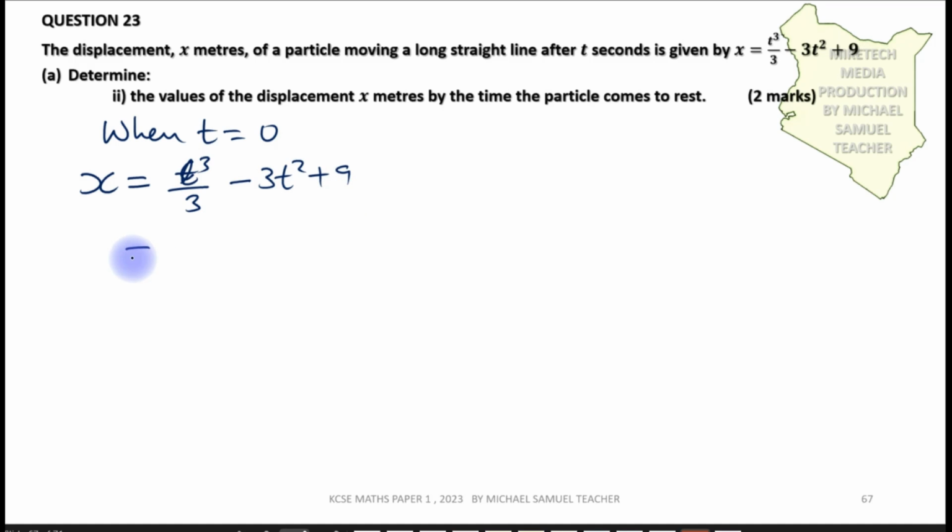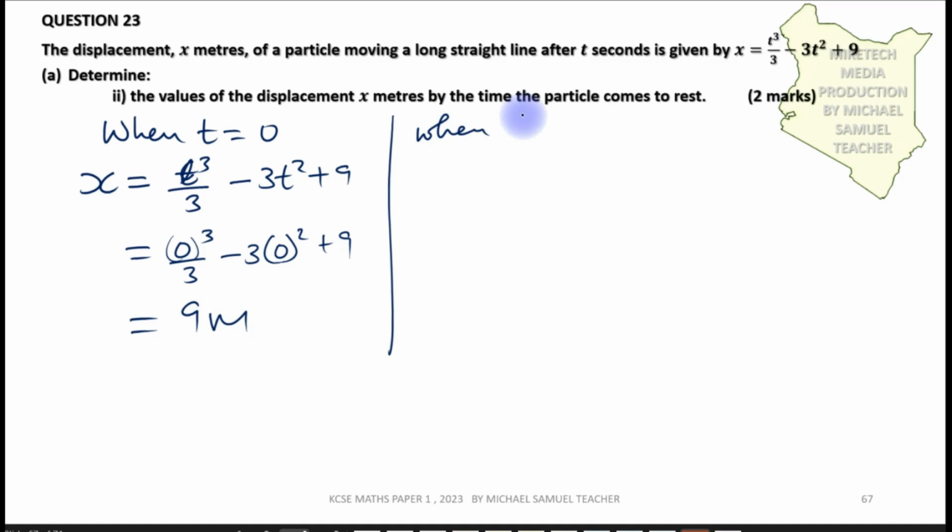So when t is equal to 0, because that is when the particle is at rest, displacement x, we substitute into the equation of displacement. So when t is 0, that is 0 cubed over 3 minus 3 times 0, so that is 9 meters.